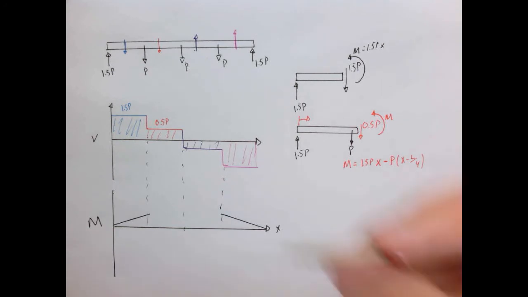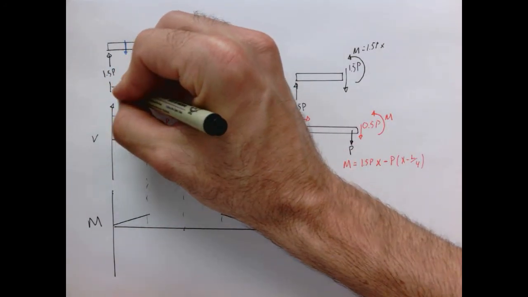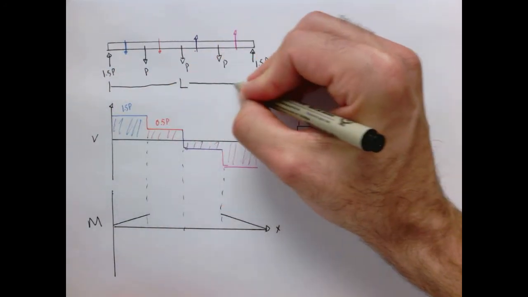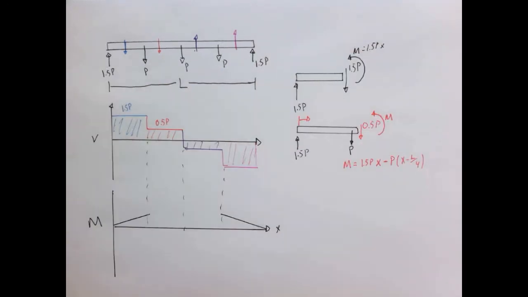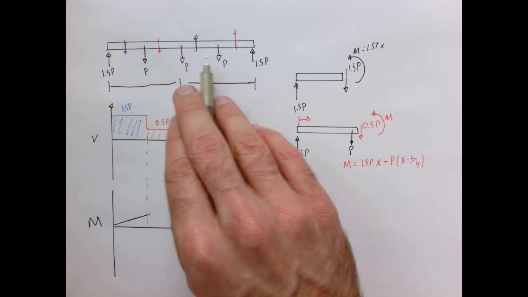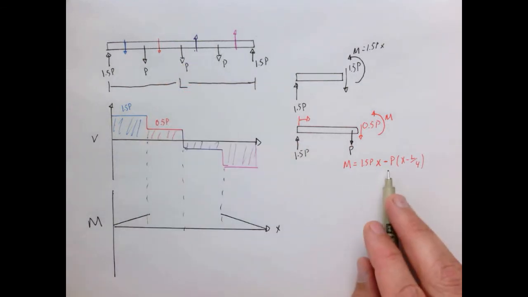So again, for some reason in every example today, I keep forgetting to draw the dimension of the beam. It's of length L, so if these are equally spaced, that's L over 4, L over 2, 3/4 L. So we have a formula like that.